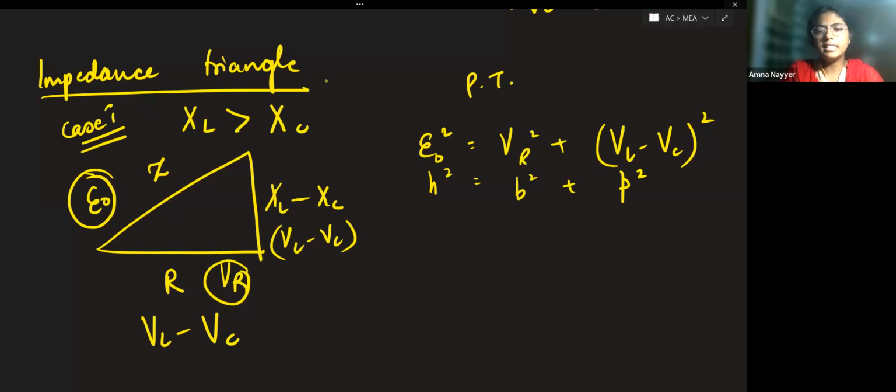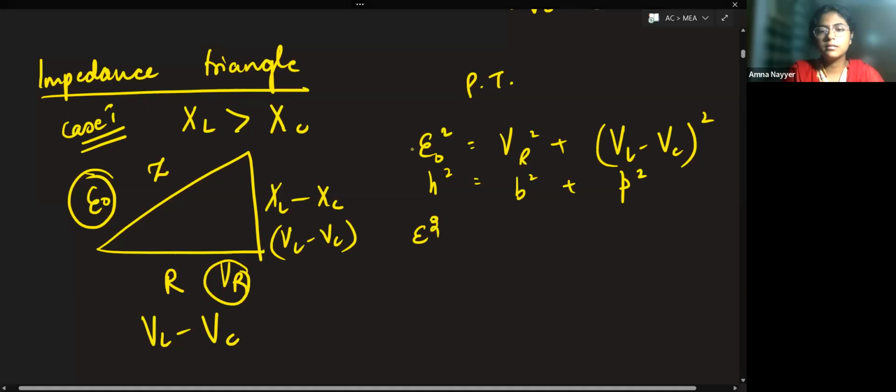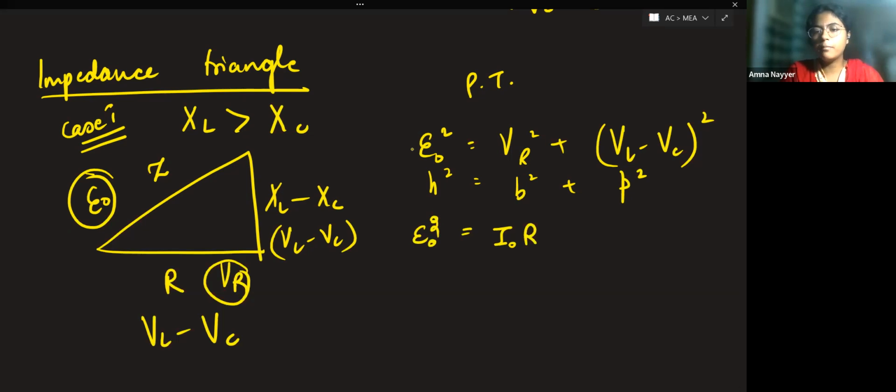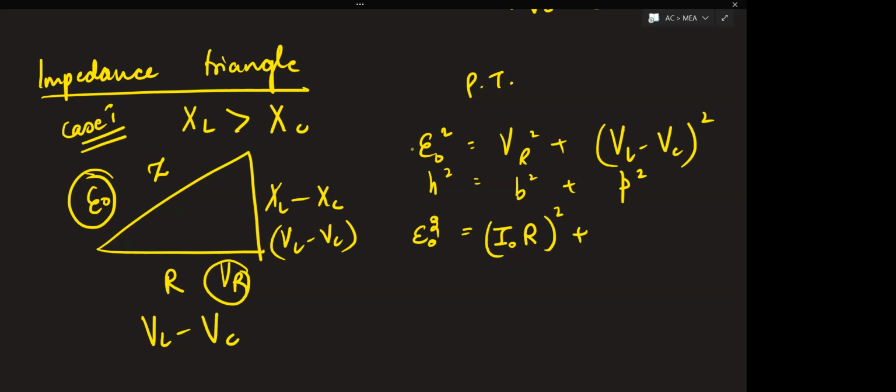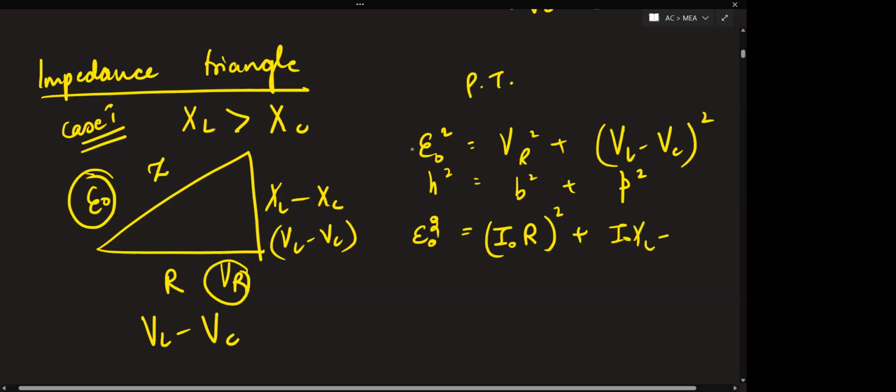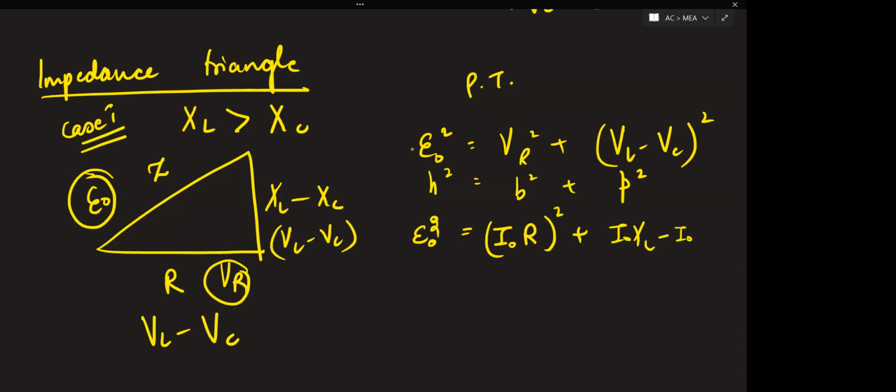Let's write E naught square. VR is written as I naught multiplied by R, whole square, plus VL minus VC. VL is written as I naught into XL minus I naught into XC. This much whole square has been written.